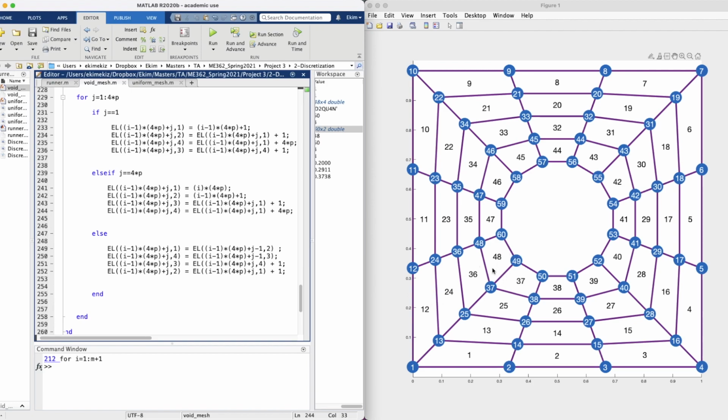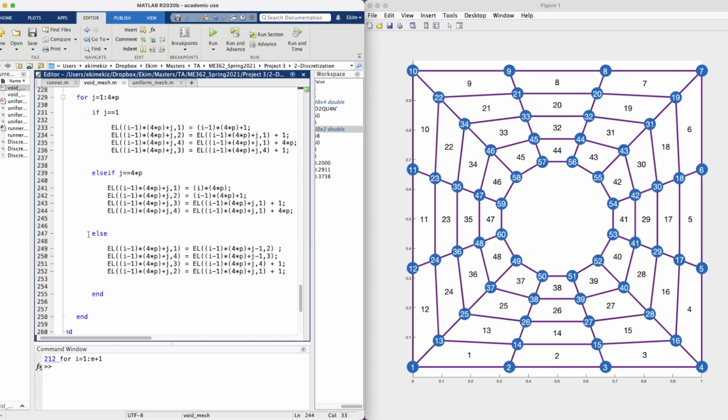Because okay, let's actually see. When we're at, for example, element 2, we look at element 1. So again, the first node is the second node, and the fourth node is the third node of the first element, and so on. And we can find the second node by adding 1 to the first node, and the third node by adding 1 to the fourth node.